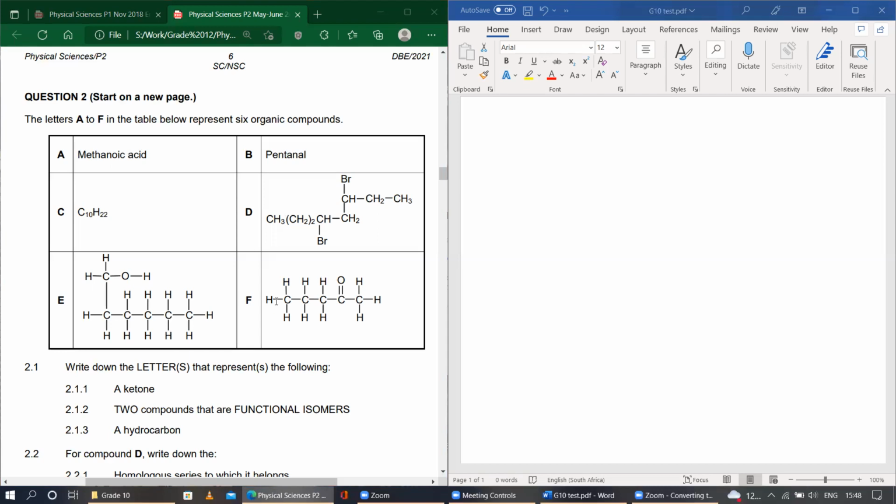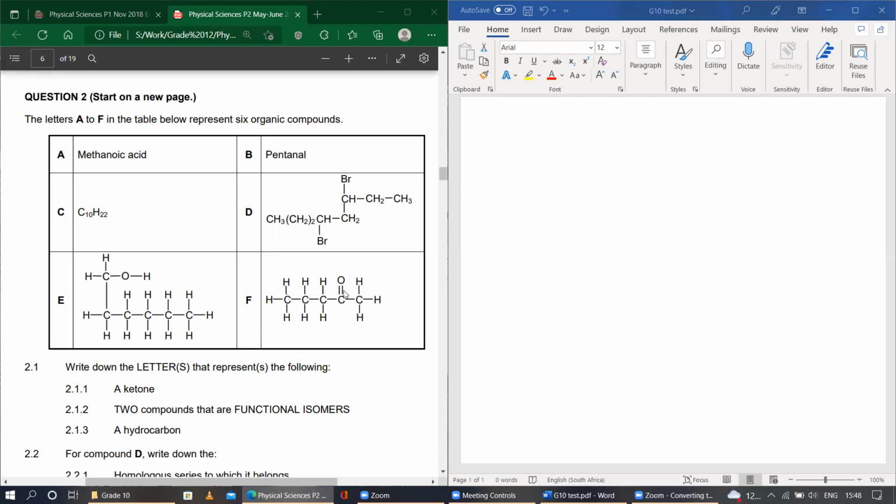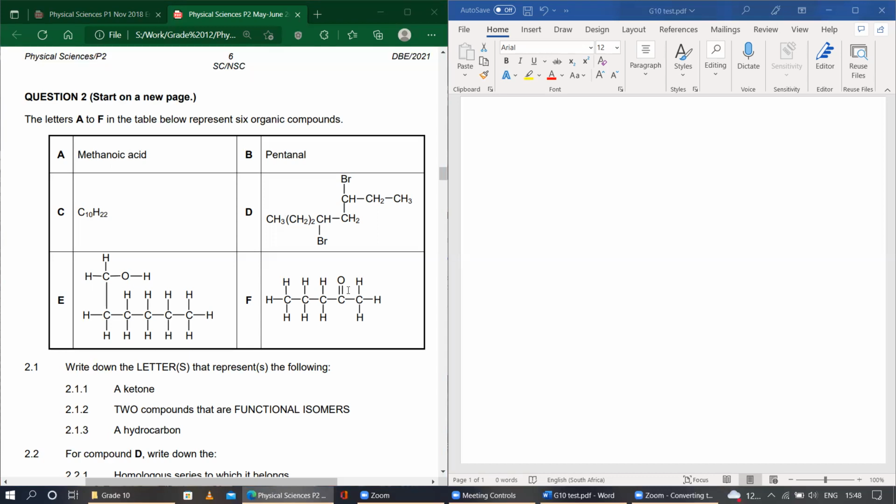So with that, we can move this to any position that we prefer, and we get our positional isomer.